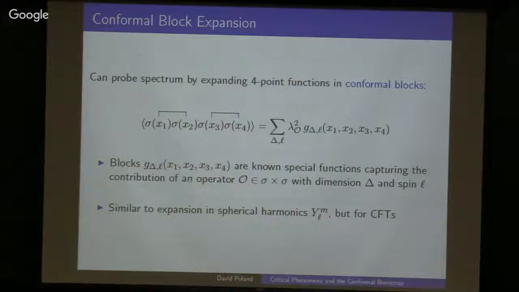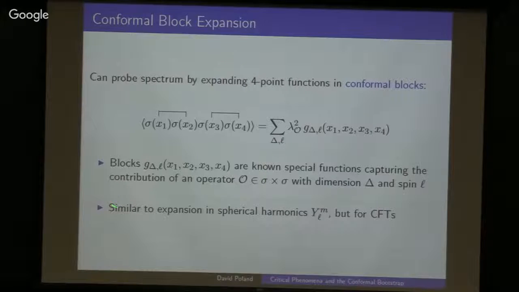And this kind of expansion is in many ways very analogous to expanding functions in spherical harmonics. This is something that many of you are probably familiar with. Except here we're expanding, if you like, in spherical harmonics of the conformal group rather than of the rotation group, which is what is ordinarily done.